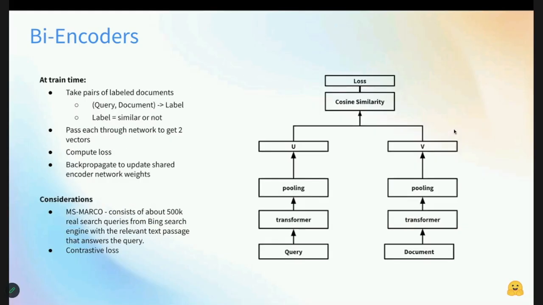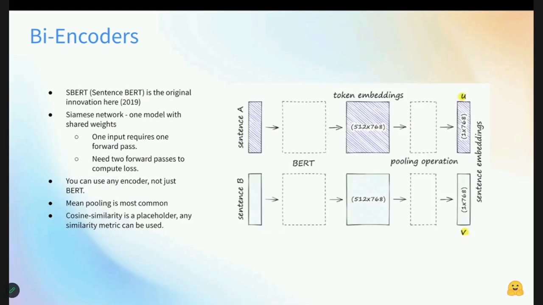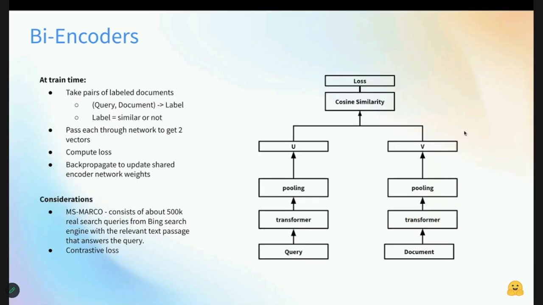And so that's probably the question now: we have this architecture that's capable of producing one vector per sentence, but how do we actually get it to produce meaningful vectors that semantically hold relevant information? How do we actually train this bi-encoder model?